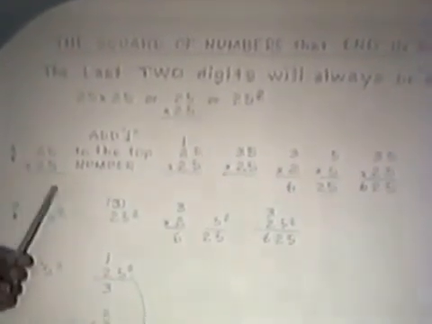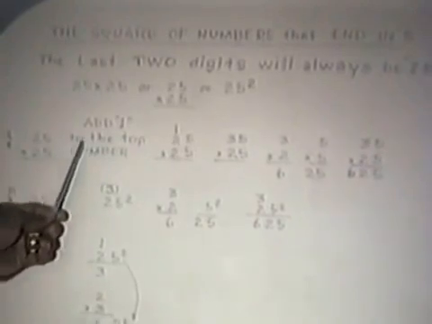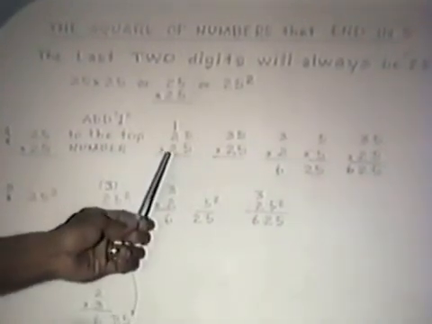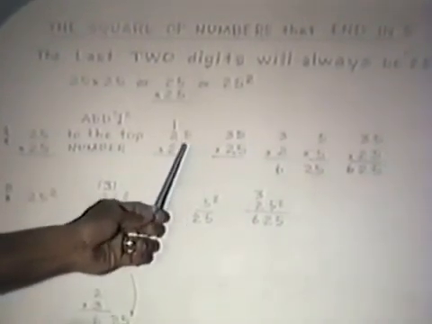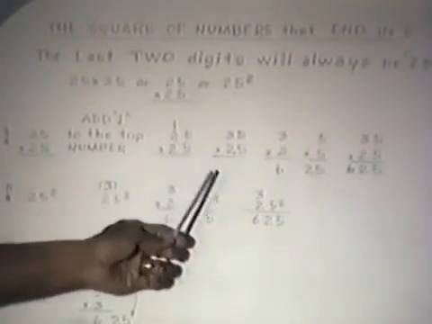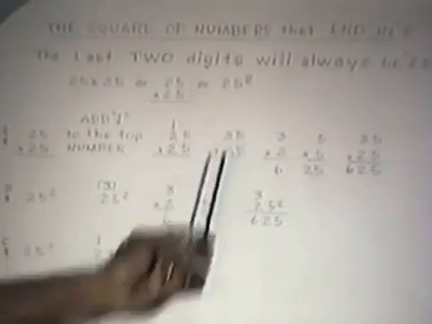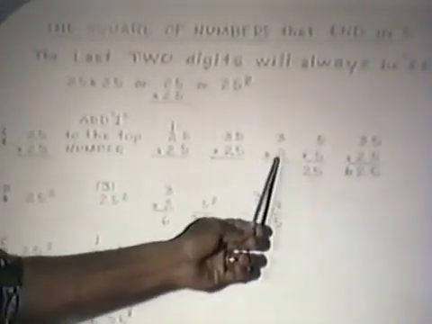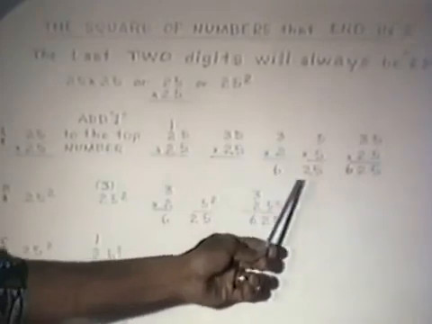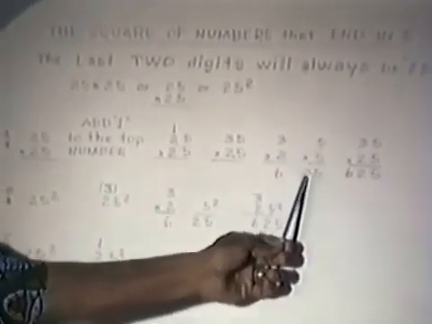How do we do that? 25 times 25: you add 1 to the top number. So we have 25 times 25, add 1 to the 2, which makes it 3. So now we have 25 times 35. You go 2 times 3 is 6, and 5 times 5 is 25.